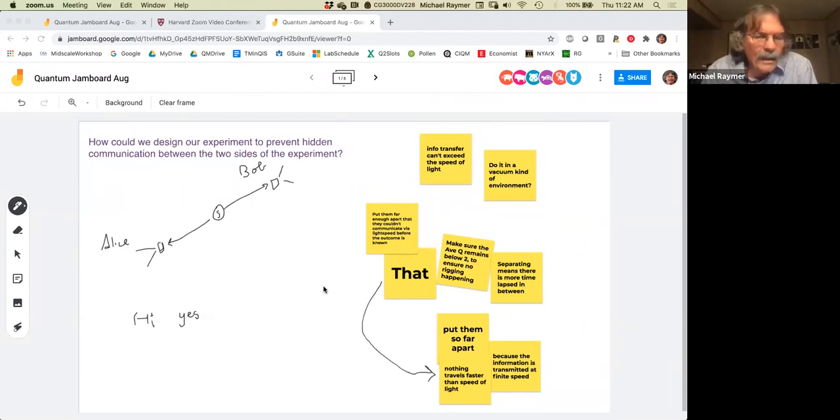So if it was 1 second, if you put Alice on the moon and Bob on the Earth, I think that would be sufficient for them to be isolated for at least 1 second, right? Because it takes light more than 1 second to reach the moon.